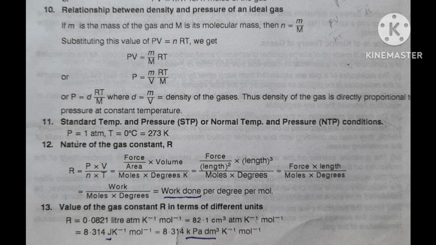This is the starting point for how you write the unit of R: force divided by area, into volume, divided by moles into degrees Kelvin. Now you have the unit.